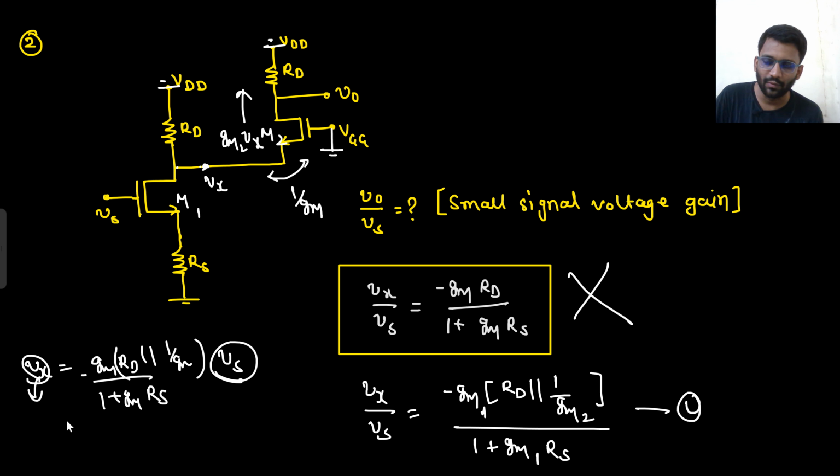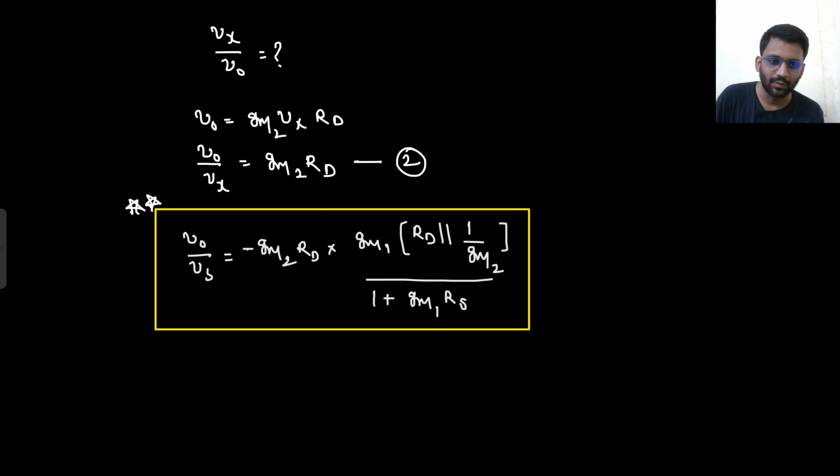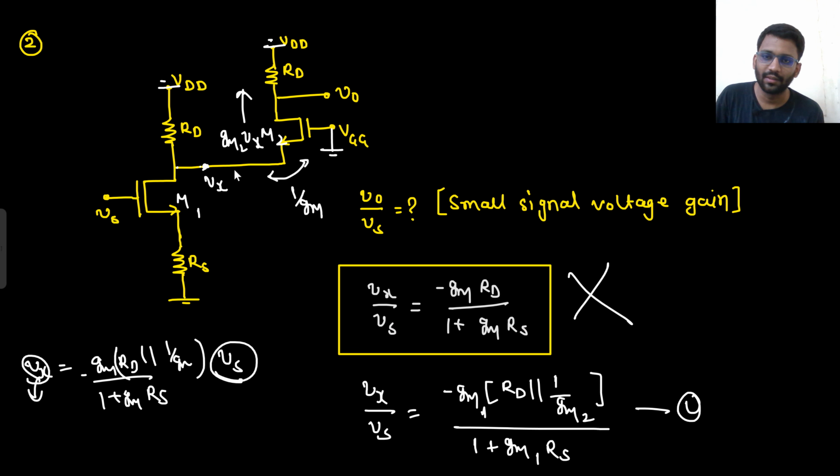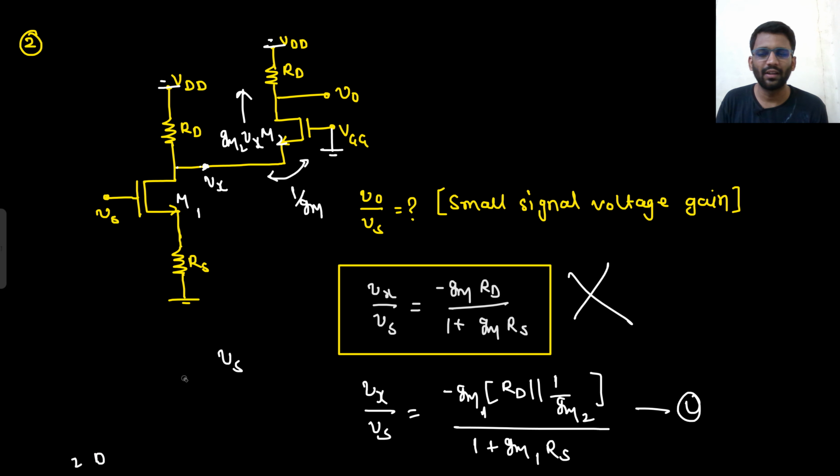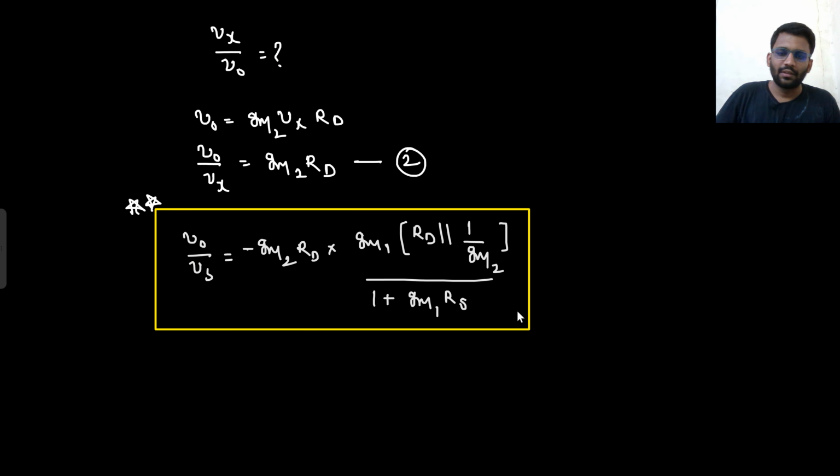My Vx would be equal to V0 by Gm2 RD. Now this Gm2 RD will go here, so then I can write down my final gain. So quickly you can do it in this manner, or you can write down the gain in this manner as well: from here to here gain, then from here to here, right?